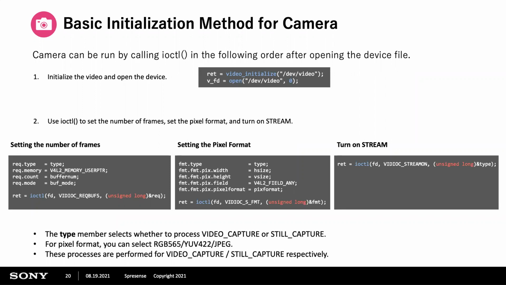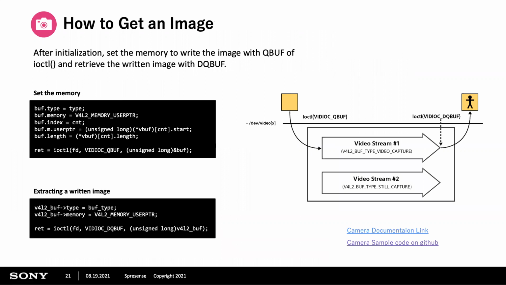Let's talk about the image. So now we have learned how to process the streams, and then you need to retrieve this image, right? To retrieve that image, if you look at this picture, it's very straightforward.